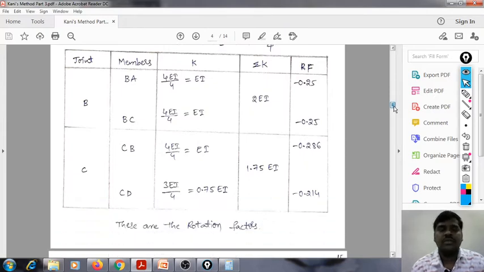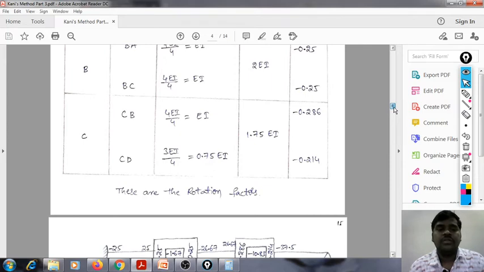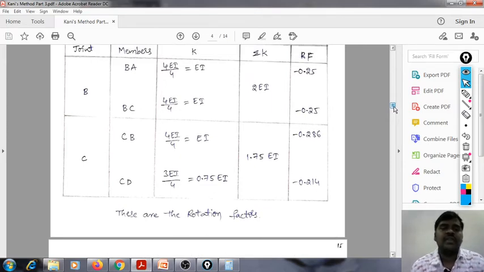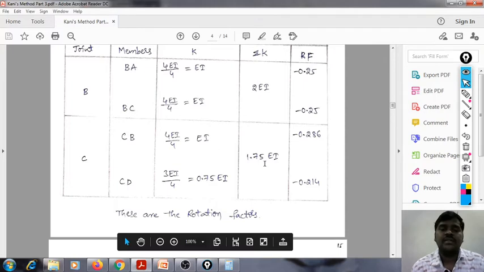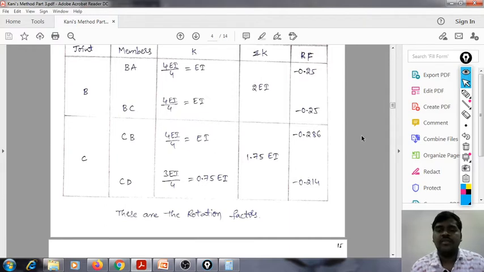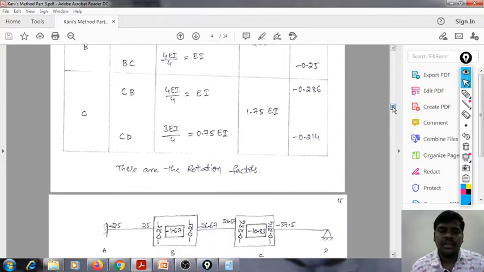For joint C we take CB and CD, 4 EI by L and 3 EI by L, which add to 1.75 EI, and the rotation factors are minus 0.286 and minus 0.214. So these are the rotation factors.